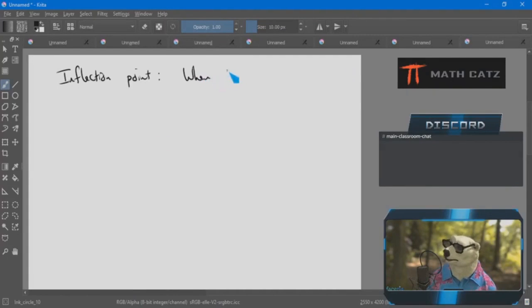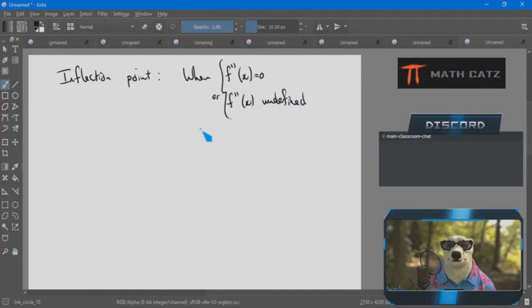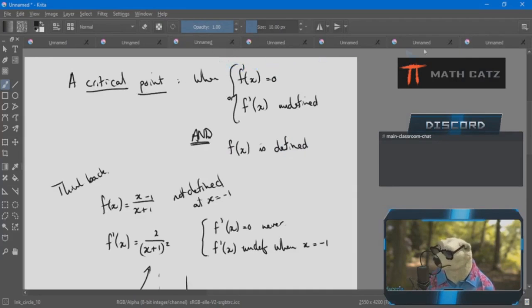Except it's going to come out when the second derivative is 0 or the second derivative is undefined. So that's still my check, but now applied to the second derivative. And I have to have a point. So my function is defined there. There is a y value. There is a point.